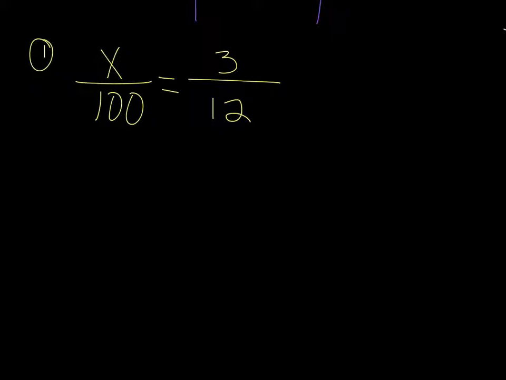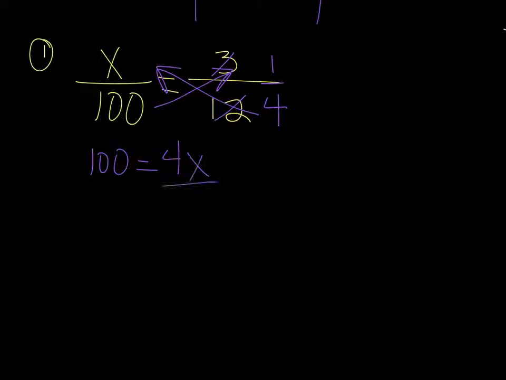Okay, so to solve this, we could go right into cross multiplying. We'd get the right answer, no problem. What else could I do? What do you say? Reduce. You could reduce. You don't have to, but it makes the numbers a little smaller. So if I reduce, I could divide out a 3, and I get 1 over 4. And now I could cross multiply. I get 100 equals 4x.